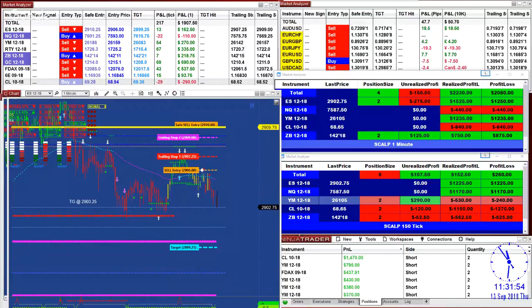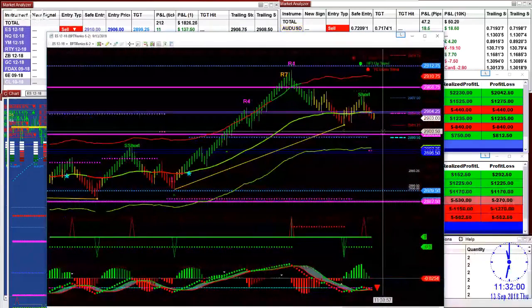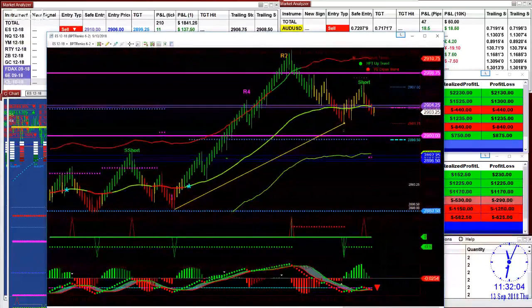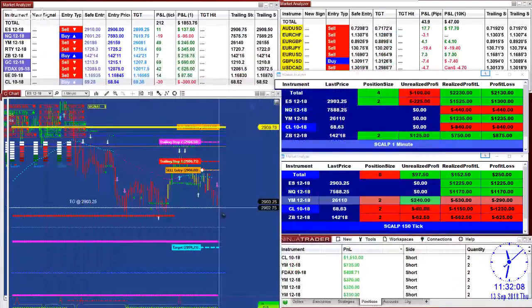Okay, we're coming to our entry, 005 or 0025. This is where, exactly right there.